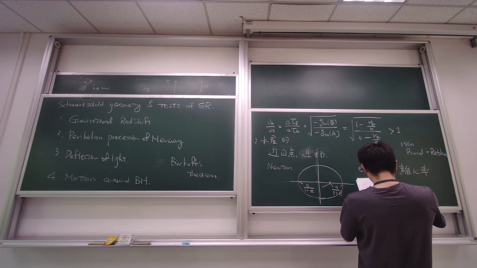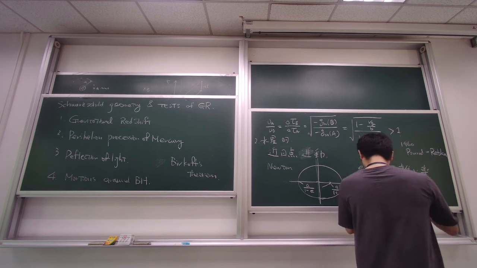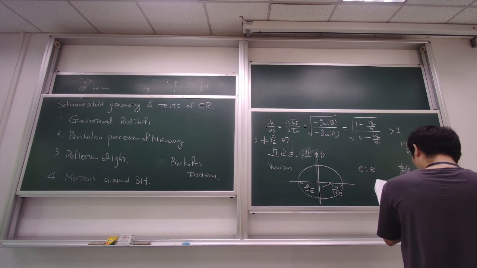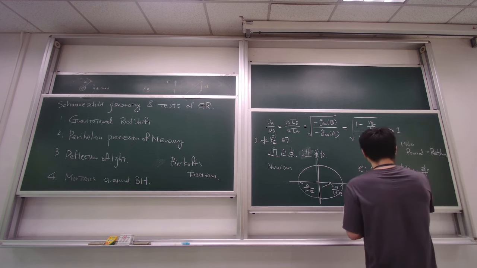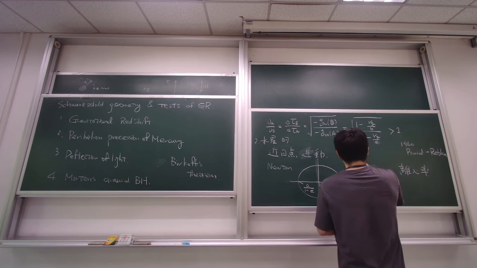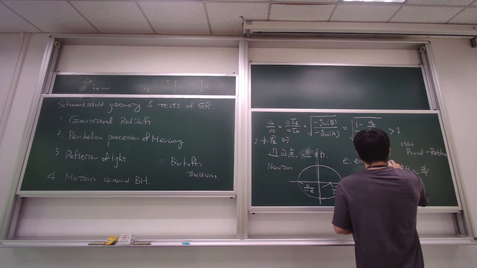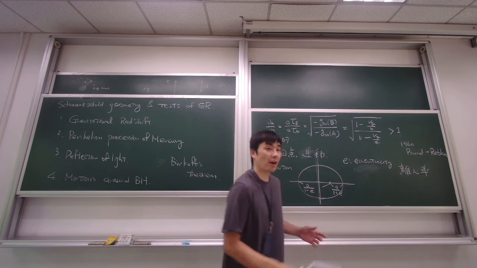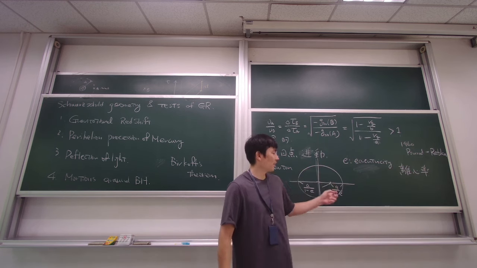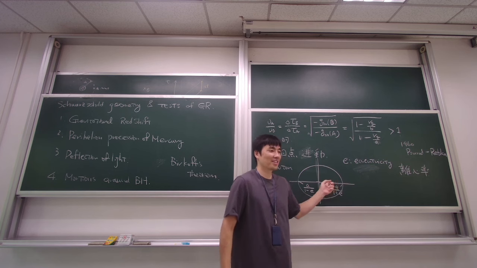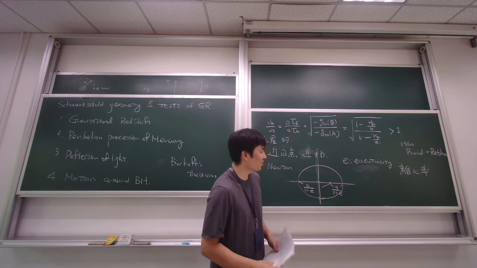Even in English, I don't remember how to write. I think in the lecture note I wrote somewhere. I think eccentricity, E is eccentricity.